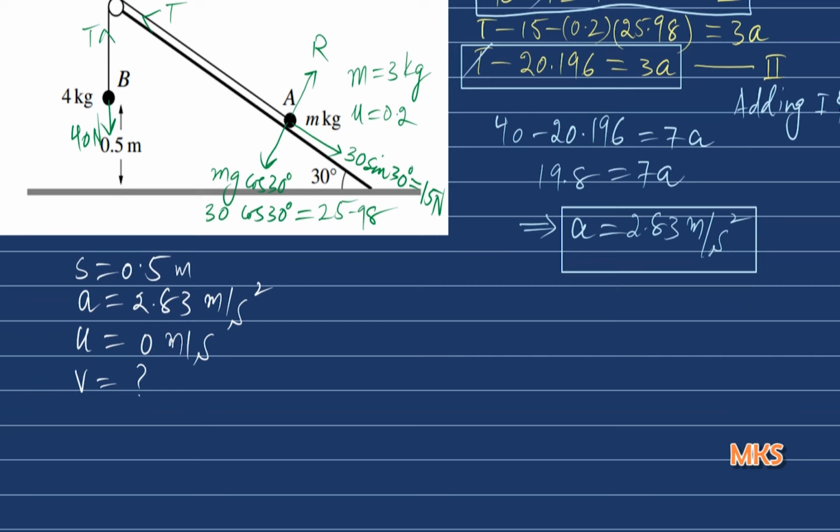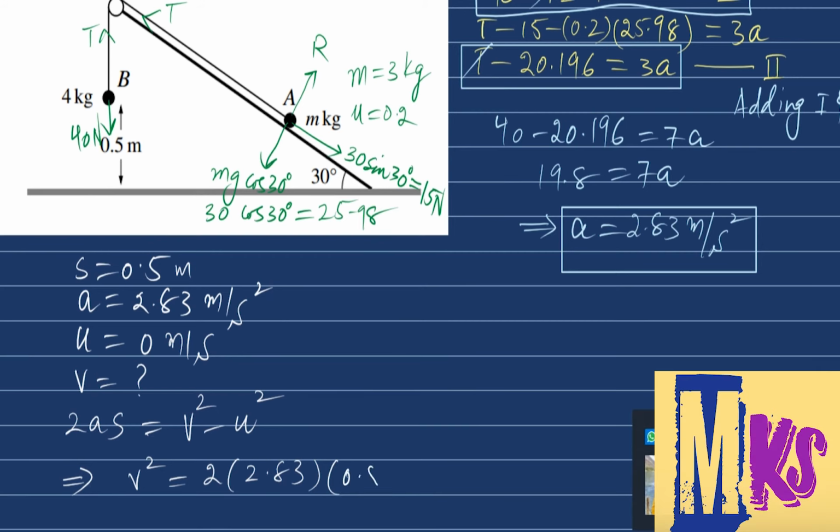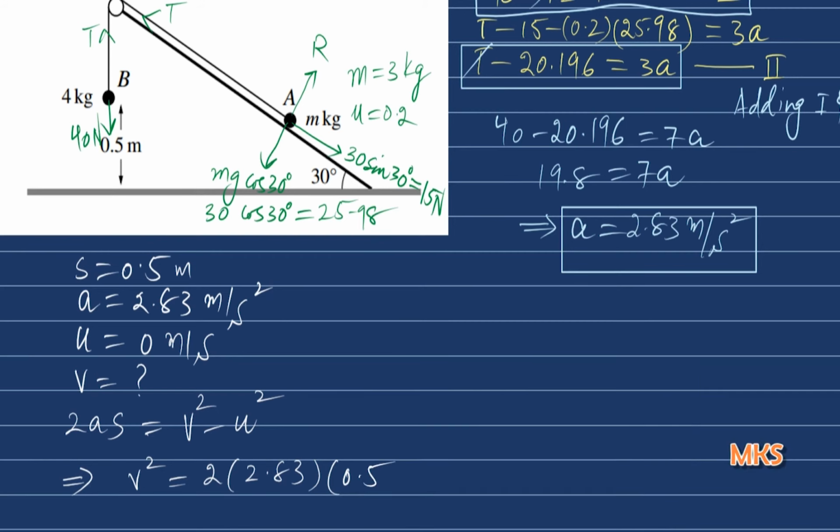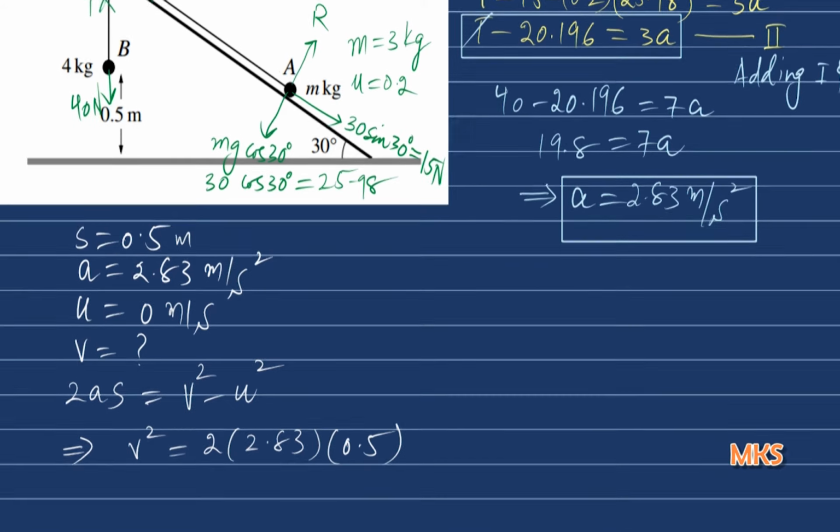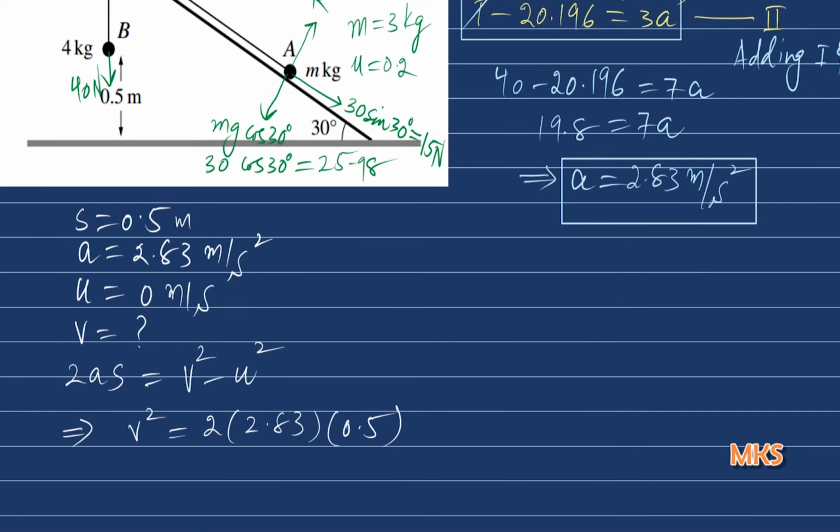Velocity will be, using 2as equals v square minus u square, v square is equal to 2 times 2.83 times 0.5. So v square is 2.83.